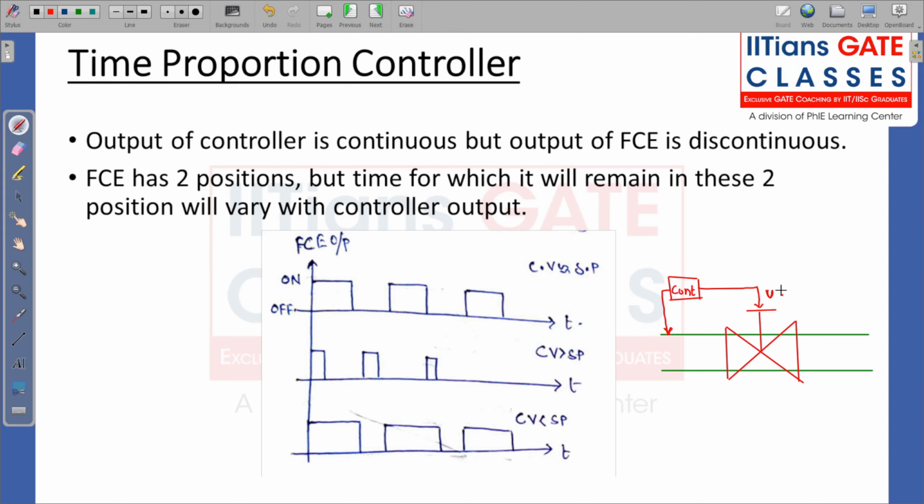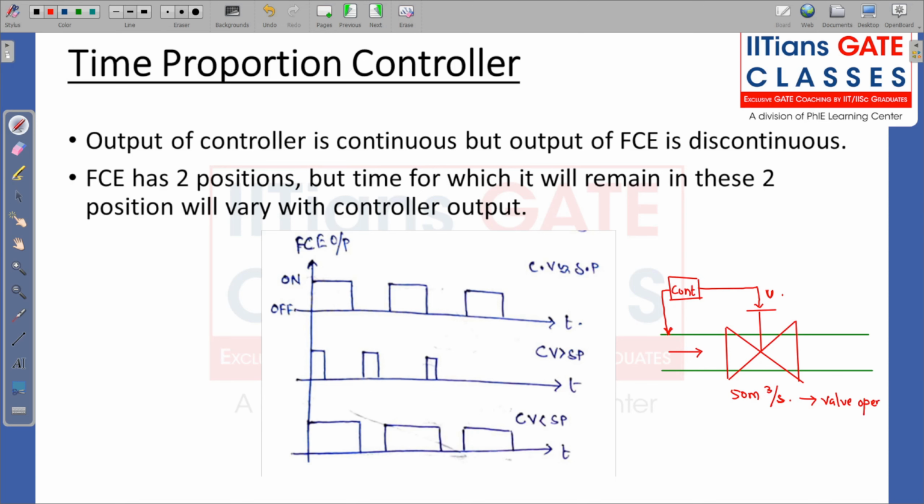Now assume whenever the flow over here is less than 50 meter cube per second, what will happen? This valve will open.